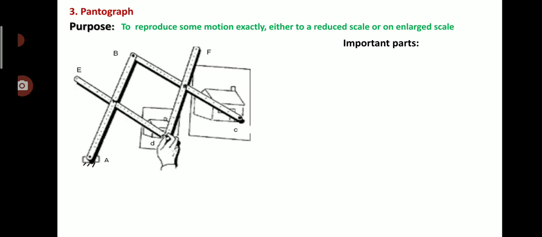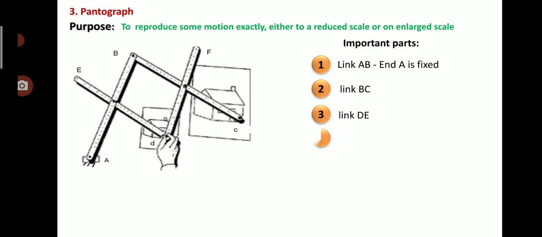Which are the important parts? You will see here, number 1 is link AB, and A is fixed. Then link BC. Third important component is link DE, and the fourth is link DF.